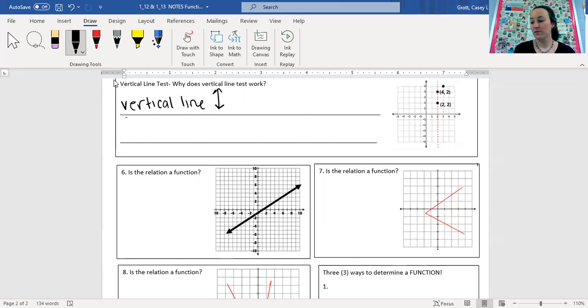Okay. A vertical line on a graph can only pass through one point.